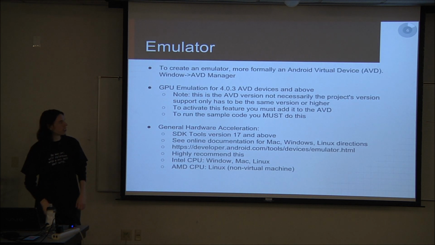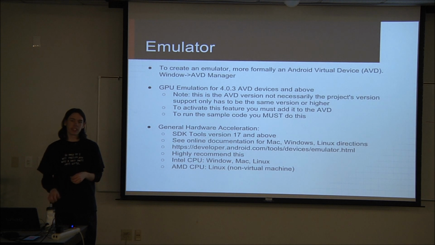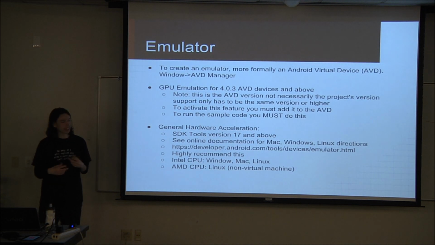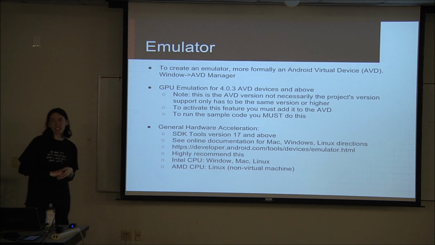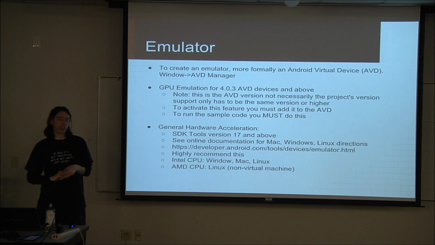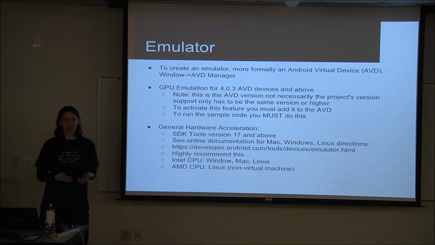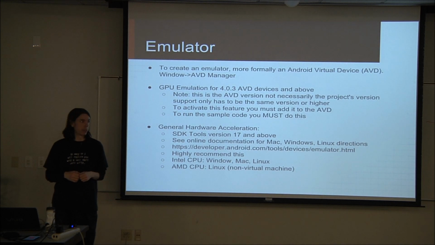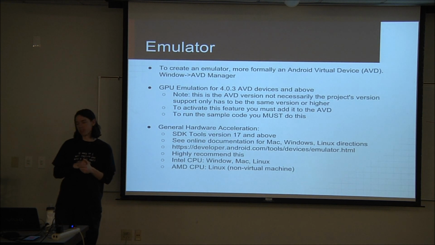So create an emulator, more formally an Android virtual device. Window, AVD manager. That allows you to create an AVD. For GPU emulation, you need to be running an AVD version 4.0.3 or above. That's when they introduced the GPU emulation and support into the Android toolkit. It was around when they were releasing Android 4.0.3.